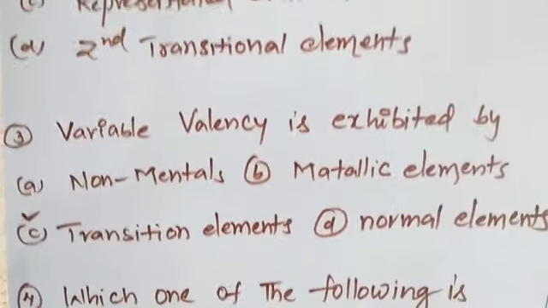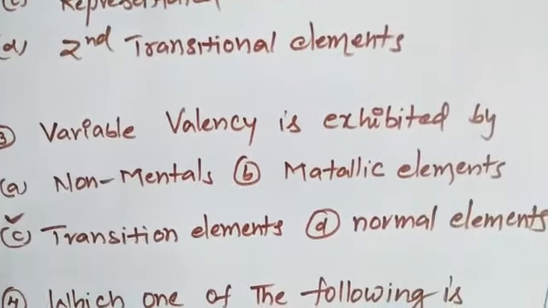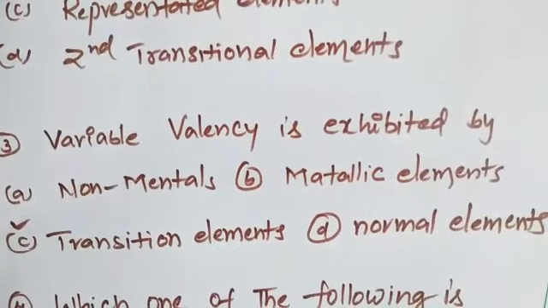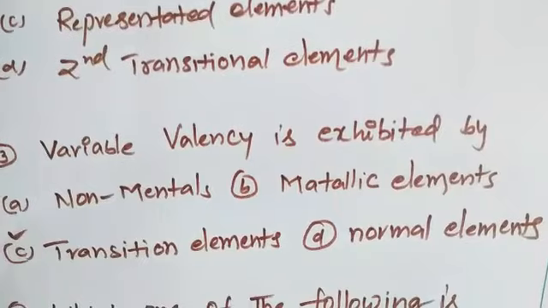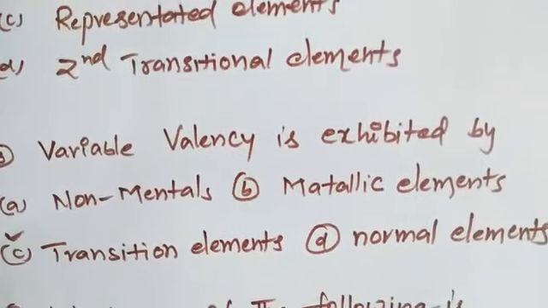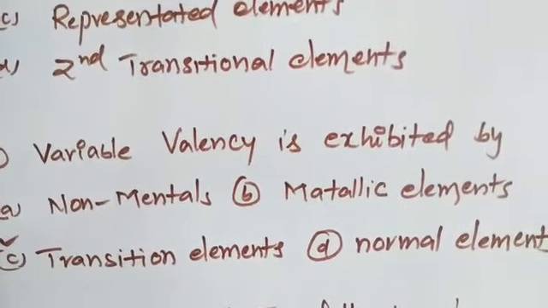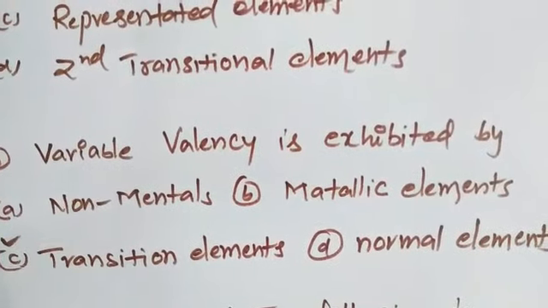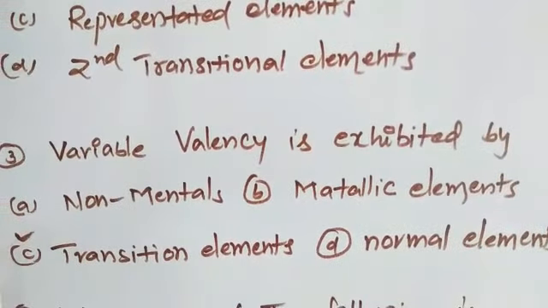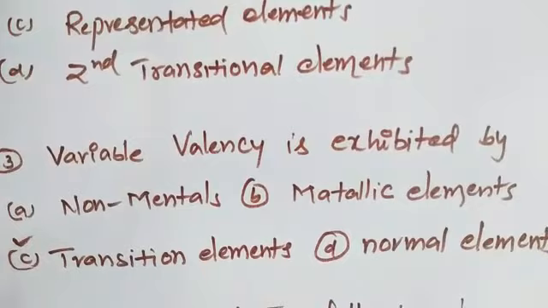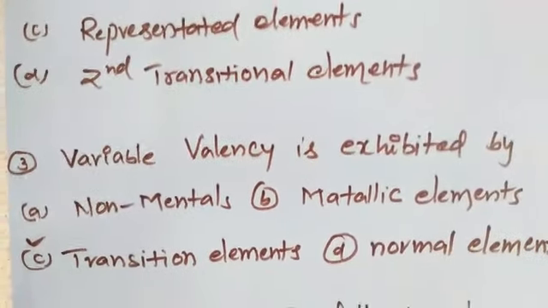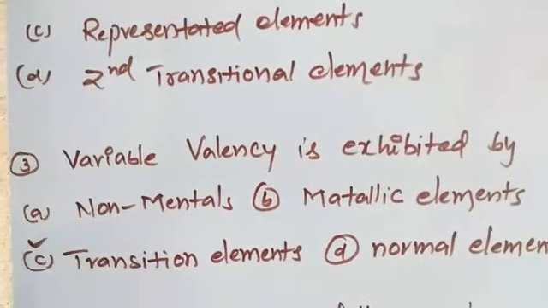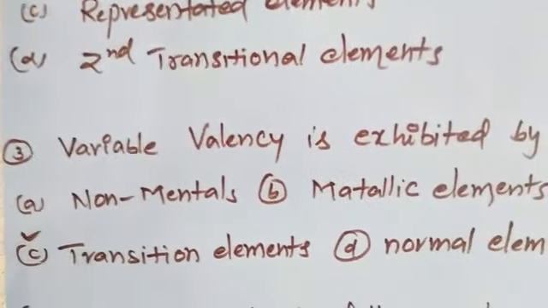Friends, generally in the periodic table, most of the elements exhibit variable valency in transition elements, because in transition elements the electrons are always transferred from one orbital to another orbital within the orbitals. So that's why transition elements can exhibit more valencies.